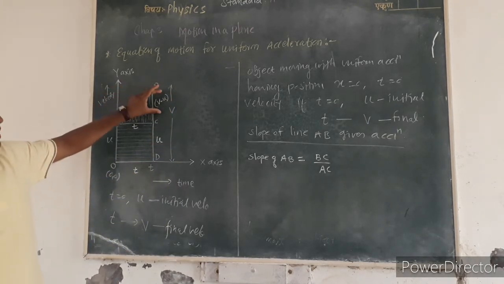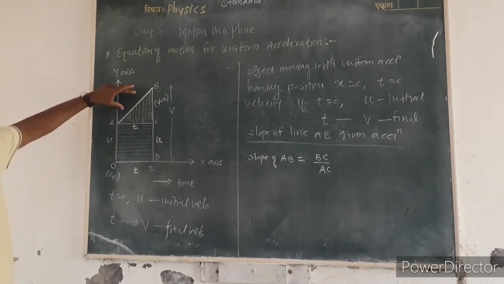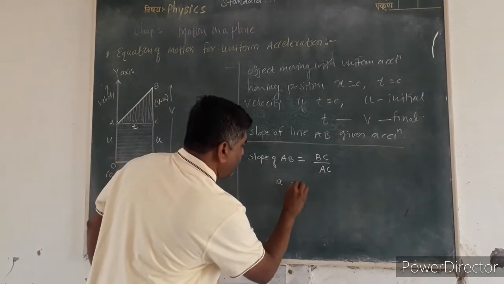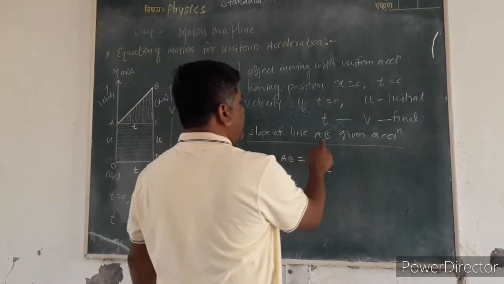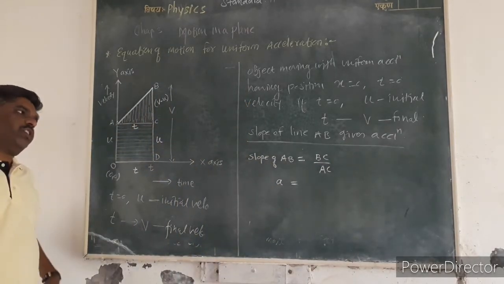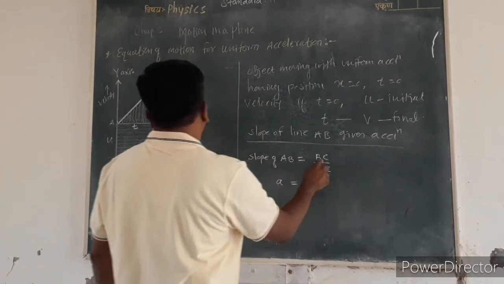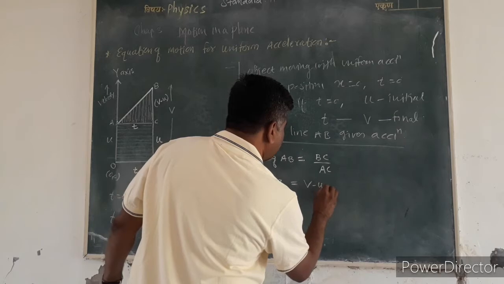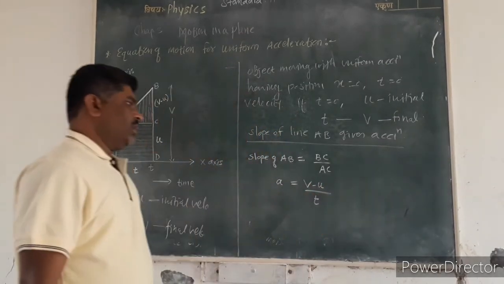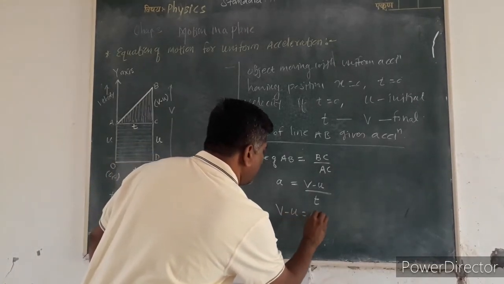So BC is v minus u, AC is t. The slope of line AB is the acceleration a, so a is equal to BC upon AC, that is v minus u upon t. Therefore, v minus u is equal to at.